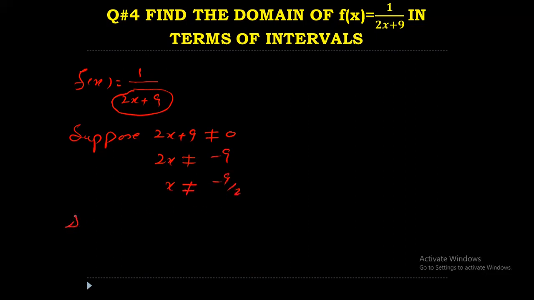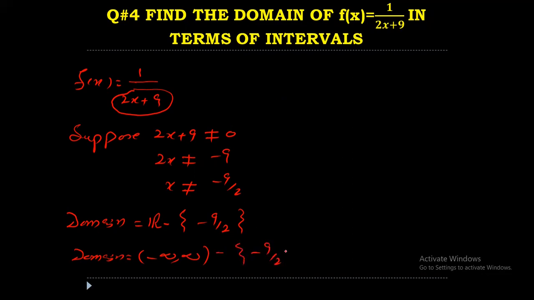Now write domain. Domain equal set of real numbers minus 9 over 2, or domain equal minus infinity to infinity minus 9 over 2.